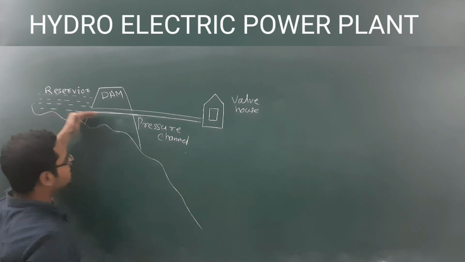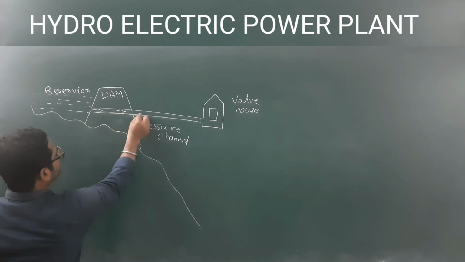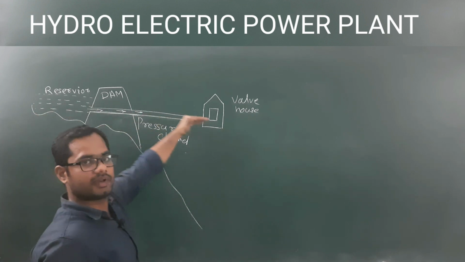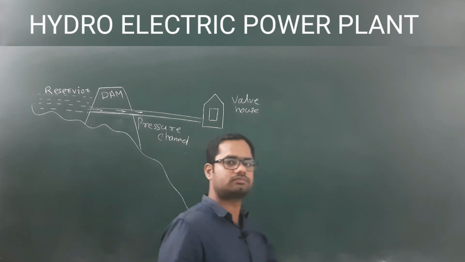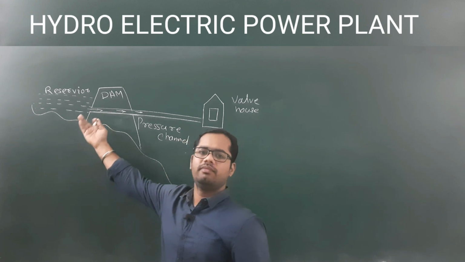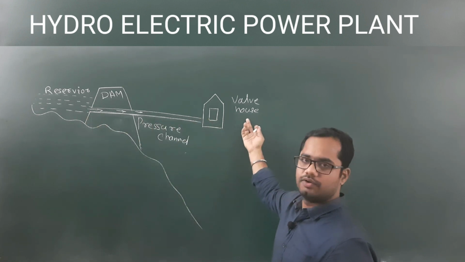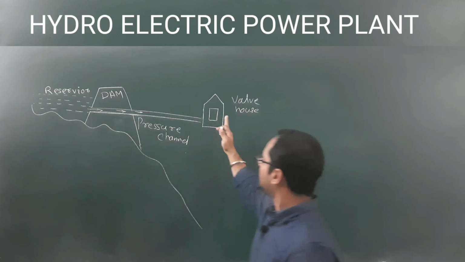Through the pressure channel your water starts flowing. The pressure channel is a pipe-like structure where water can easily flow from the reservoir to the valve house. So this pressure channel brings the water from the reservoir to the valve house.